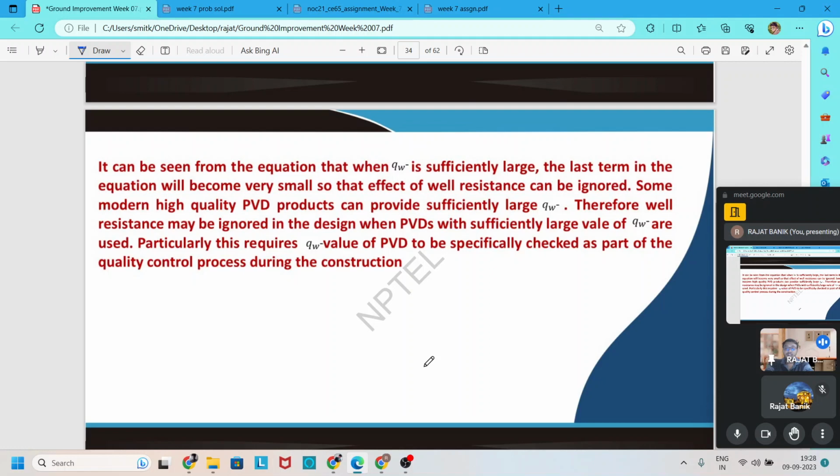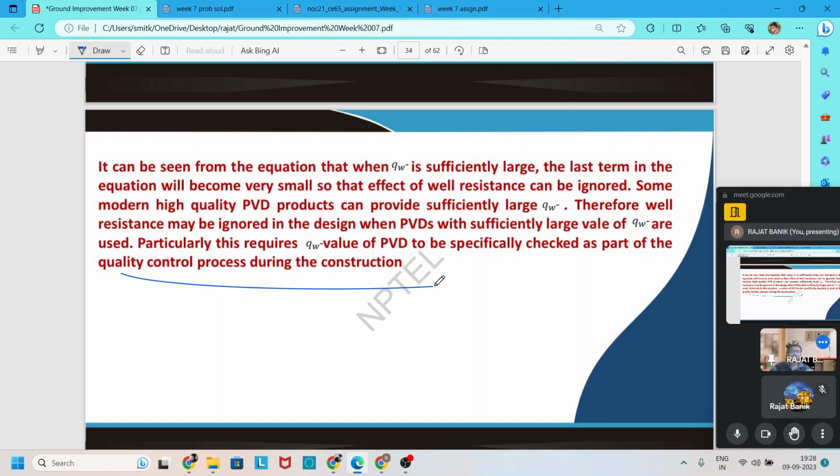This requires the qw value of the PVD to be specially checked as a part of the quality control process during construction. That means if we apply a PVD which carries a large qw, the discharge capacity, then we automatically neglect the well resistance.